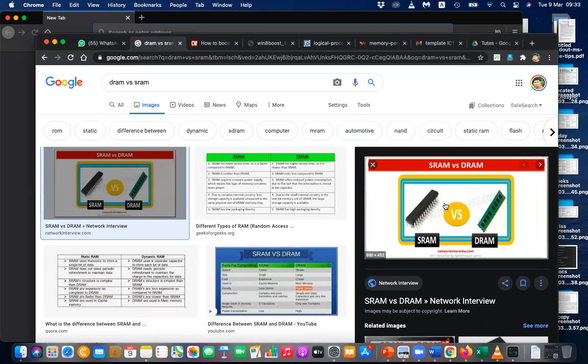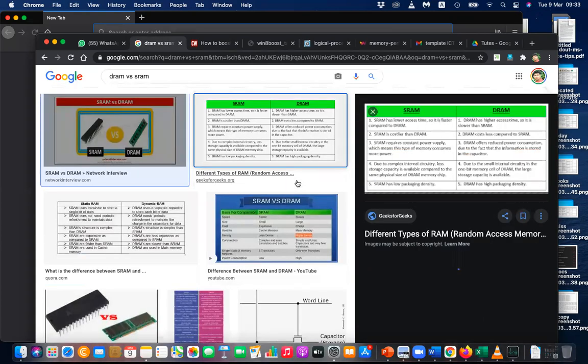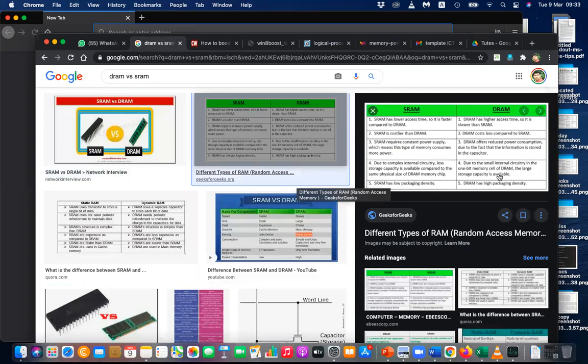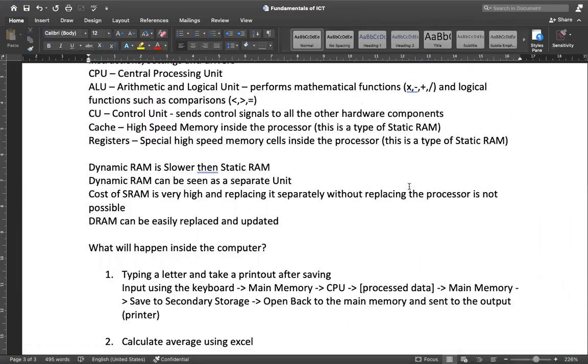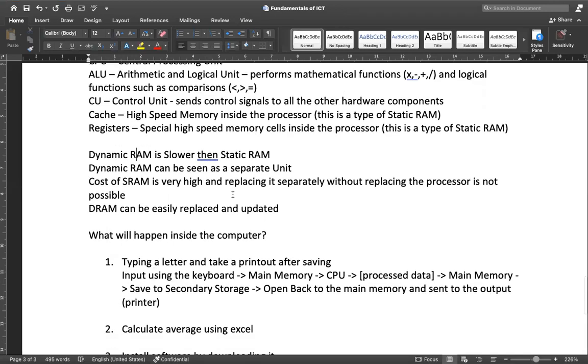But L1 cache and L2 cache are inside the processor. And SRAM and DRAM, you should know these differences: SRAM is faster and SRAM is costlier. Both are volatile. SRAM you can't change as you wish, but DRAM you can change. These are the things that you should learn about SRAM and DRAM.